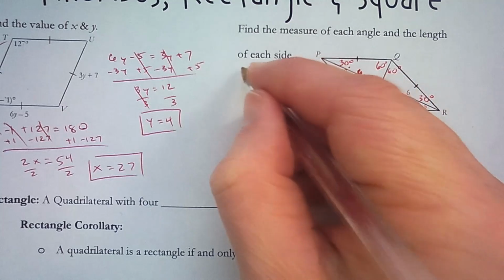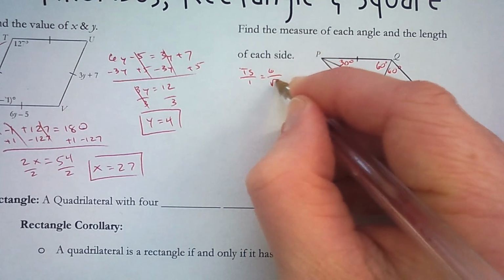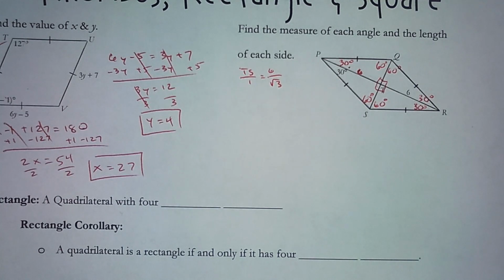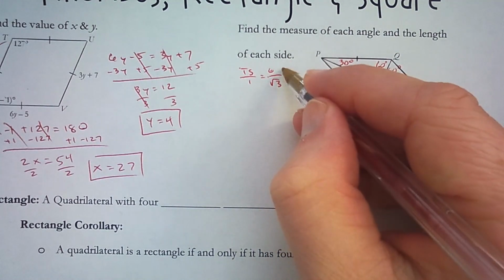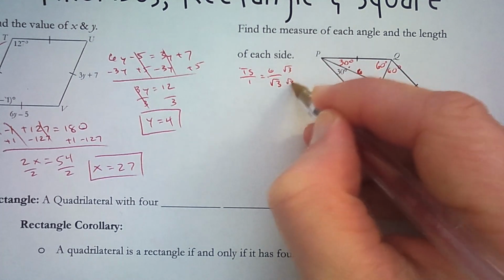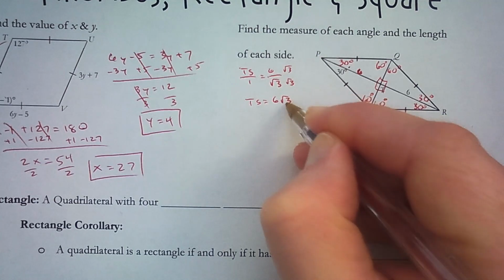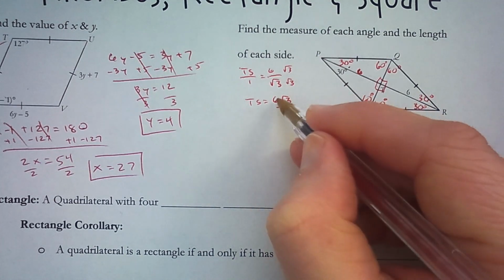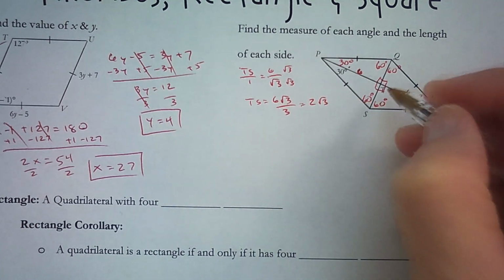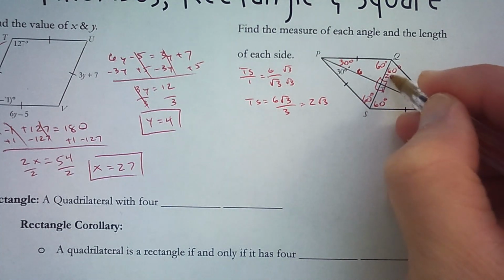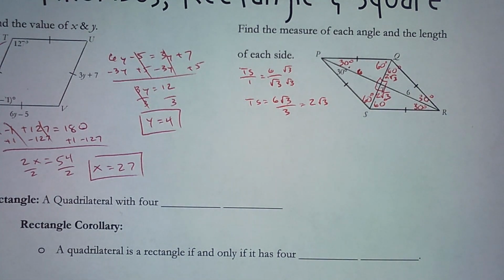So I've got TS is to 1, as 6 is to the square root of 3. TS over 1 is just TS. So I can just multiply top and bottom here by the square root of 3, and I get TS equals 6 root 3 over 3. And 3 goes into 6 2 times, 2 root 3. So this right here is 2 root 3, and this is 2 root 3.